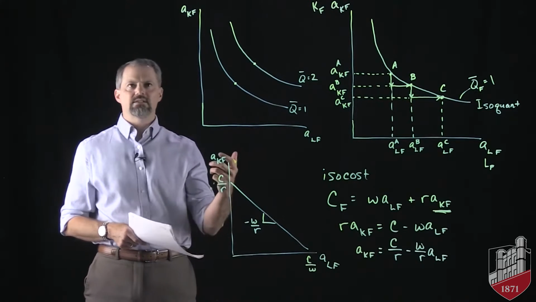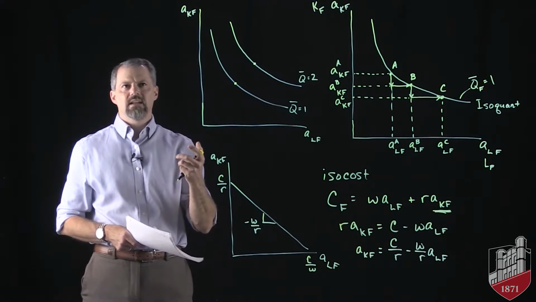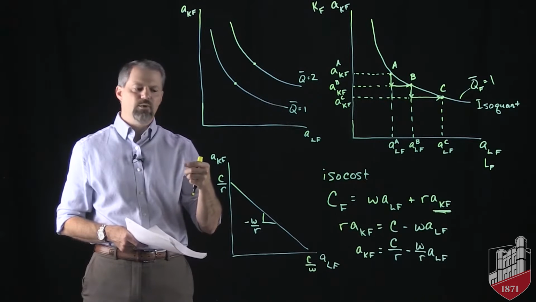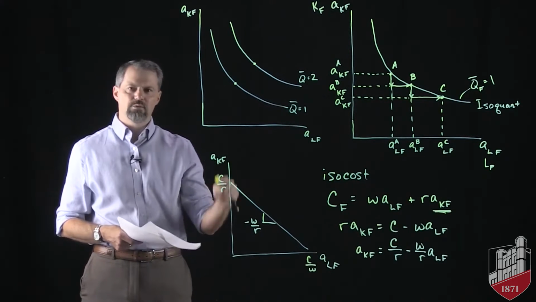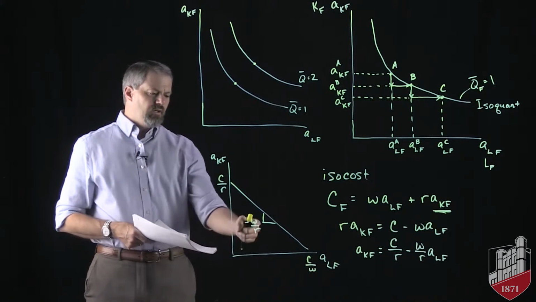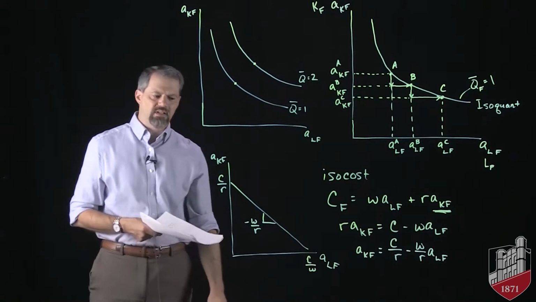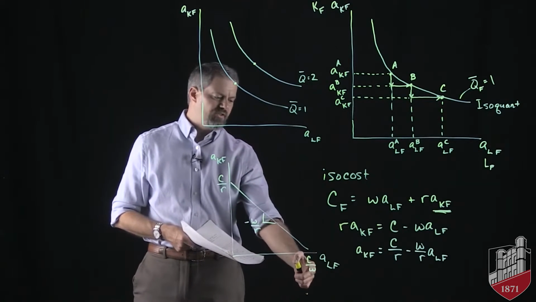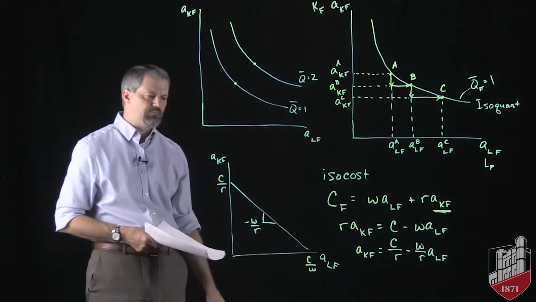So if the cost was, let's say, $100 and capital cost, let's say, $2 each, then we would be using 50 units of capital. 100 divided by 2 would be 50. The slope of this thing, not surprisingly, is our relative wage. We've seen that before. And then down here, this number would be the total amount of labor that we're using if we were buying all labor.